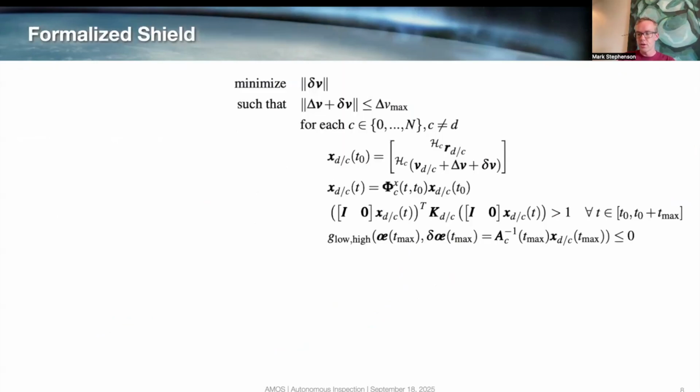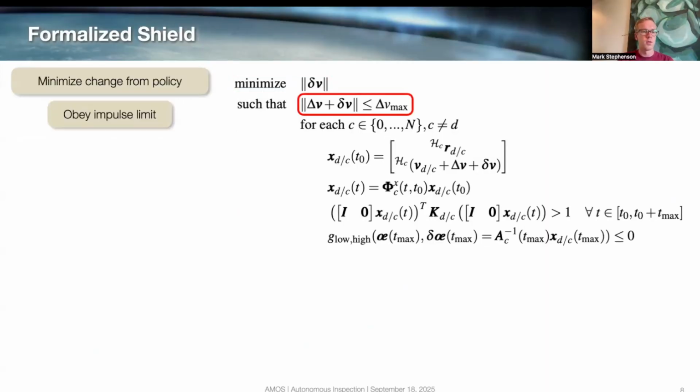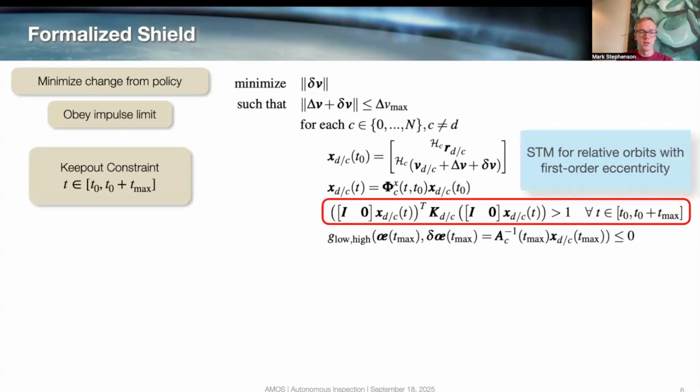Mathematically, this is a pretty standard optimization problem. We have our objective, which is to minimize the deviation from the policy. We're constrained to stay within our impulse limit. We're constrained to not have collisions over some discretized time horizon using the state transition matrix for relative orbits with first order eccentricity terms.